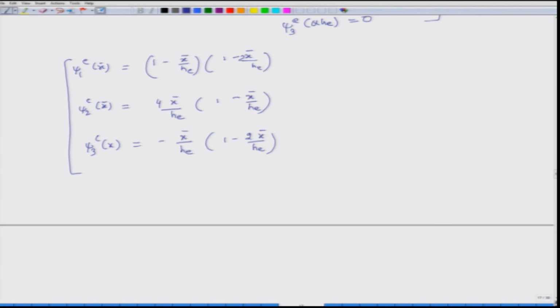So, there is a 2 here when alpha is equal to half, if the midpoint is located in the center.